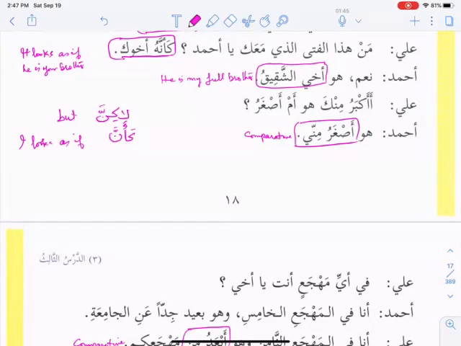In English, we call it a nominal sentence. Jumla Fi'liya will have fi'l and fa'il. And then the Khabar can be of 5 kinds. We learned it, and we will also repeat it again and again.